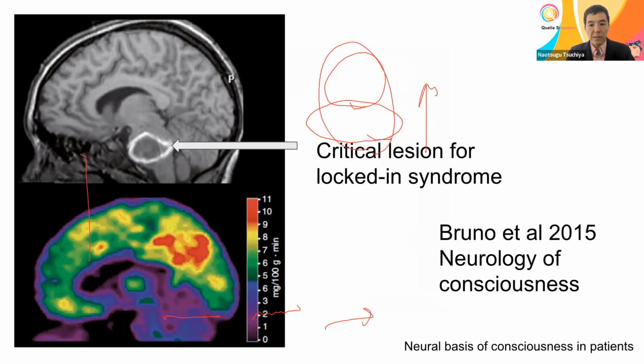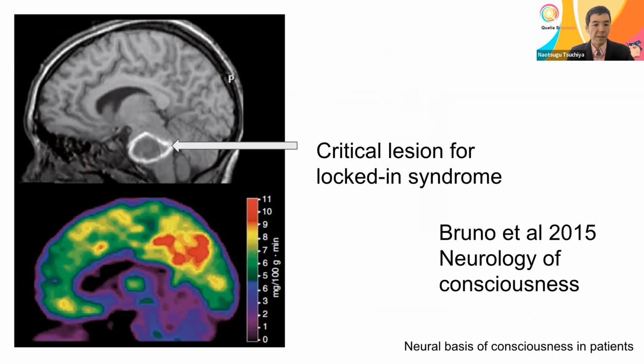And what causes this type of deficit is remarkably small parts of the brainstem. So even if your entire cortical areas, as well as the cerebellum, are intact, if you lose this part of the brain called the subcortical midbrain, then you can result in locked-in syndrome.